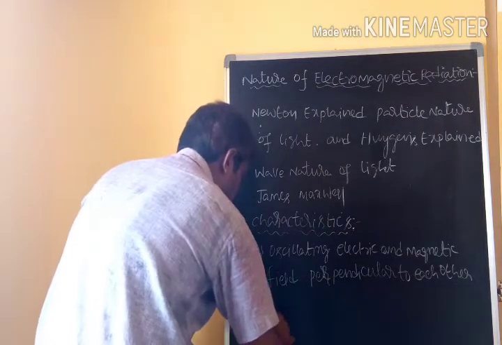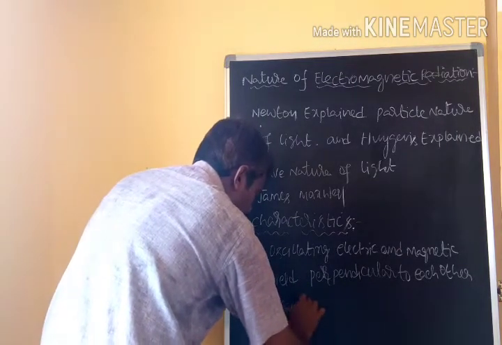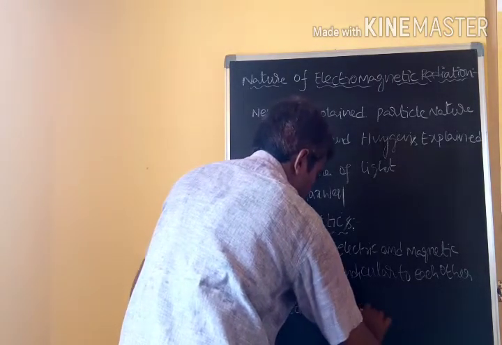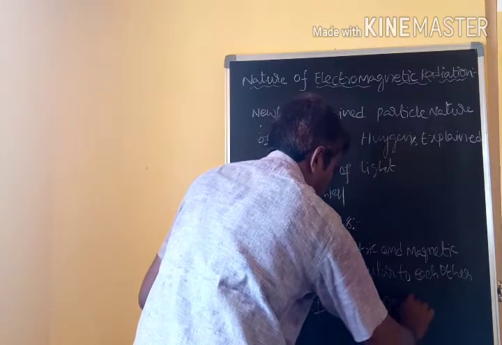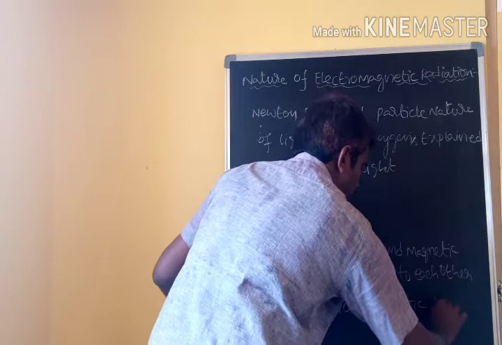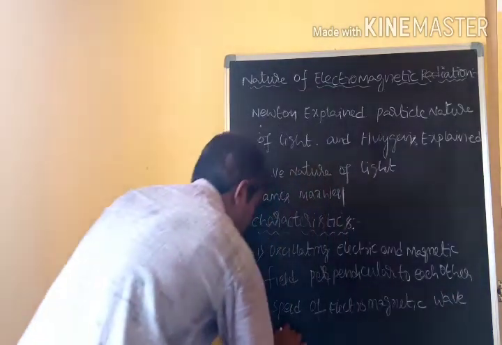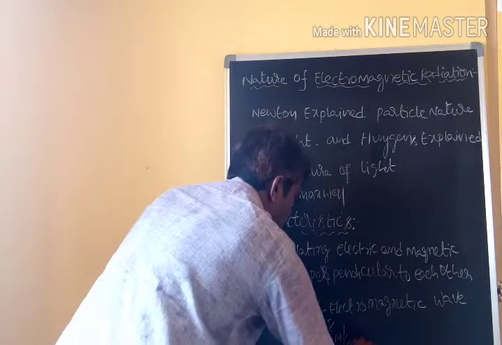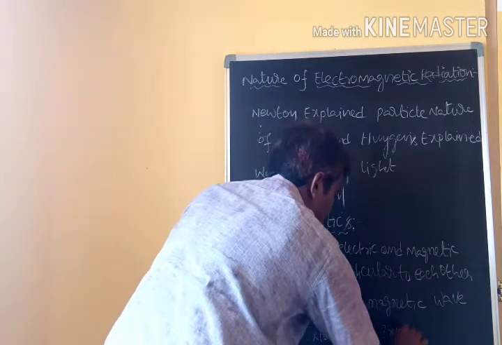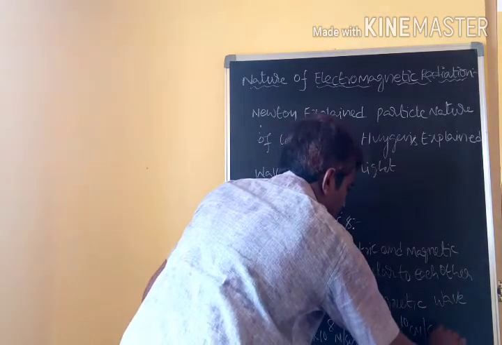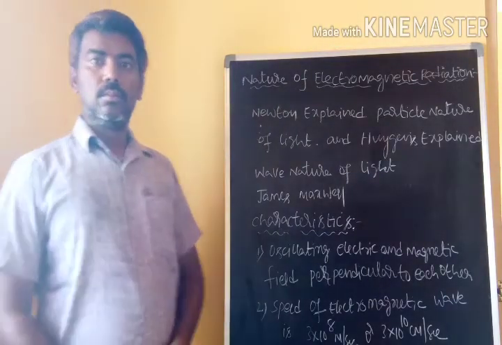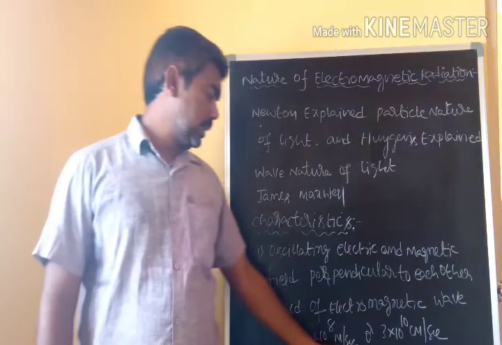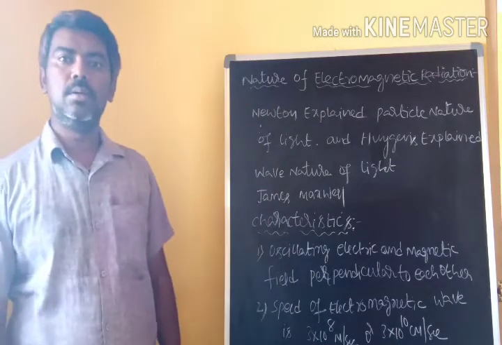the wave propagates with the speed of electromagnetic radiation. The speed of an electromagnetic wave is 3 into 10 power 8 meter per second, or 3 into 10 power 10 centimeter per second.